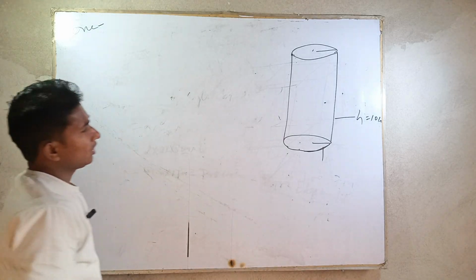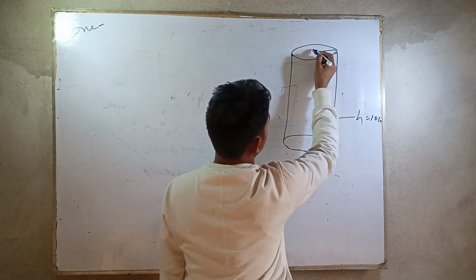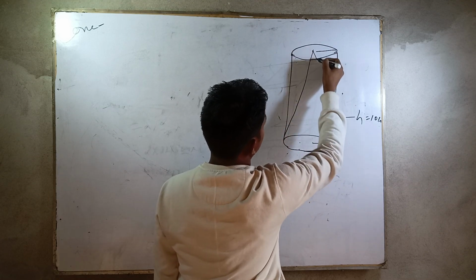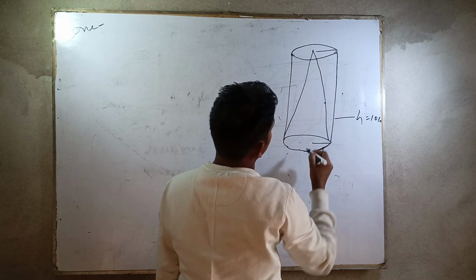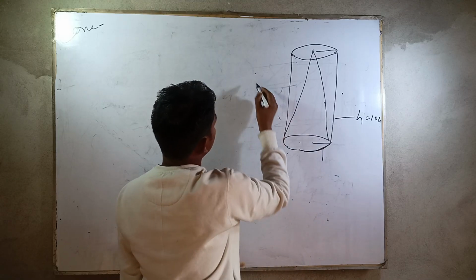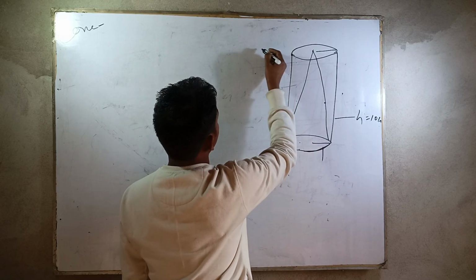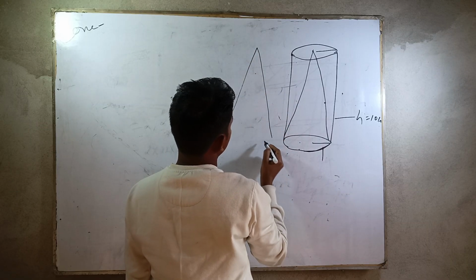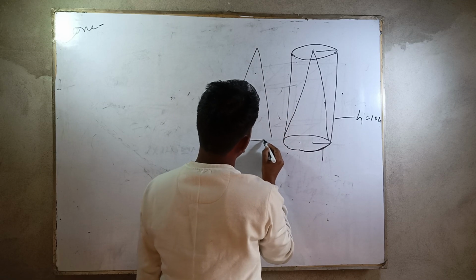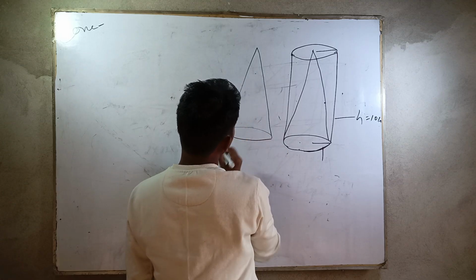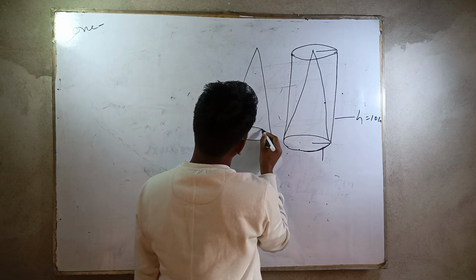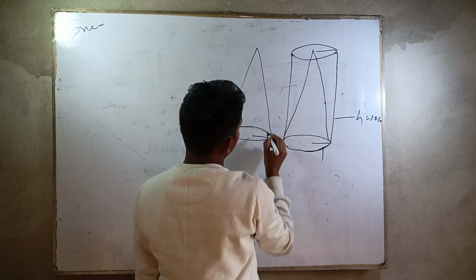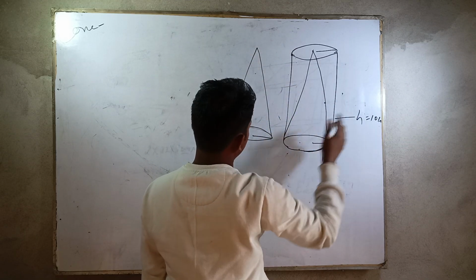cone is what? If I cut this one from here and here, it will be in this form like this one. So this one will be in the form of a cone, and same thing is here, only I cut its height.